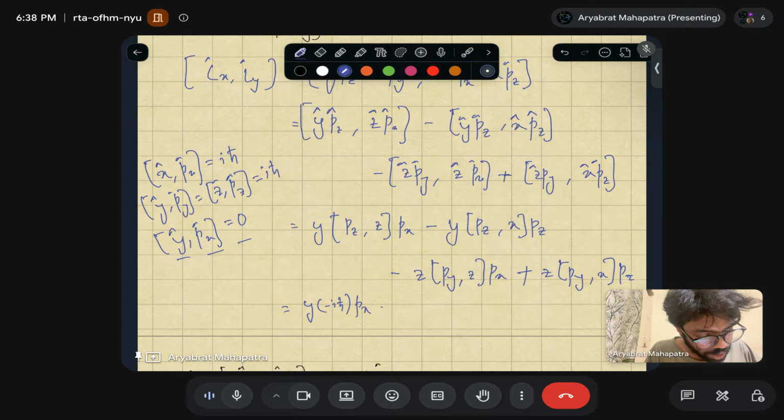Then from here I will get 0, because pz with x is 0. They are different components, and the same from the next term as well, I have 0. And then the last term will again give me minus i h bar.